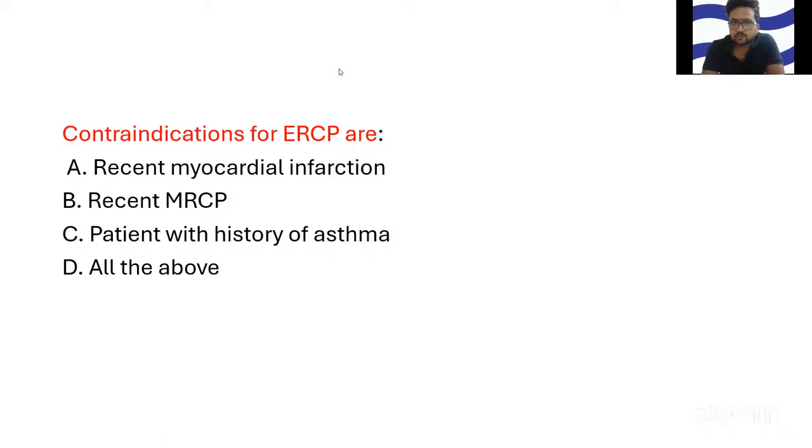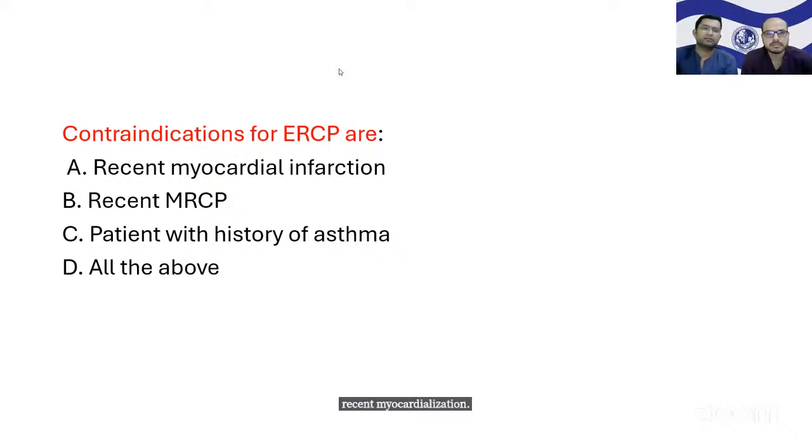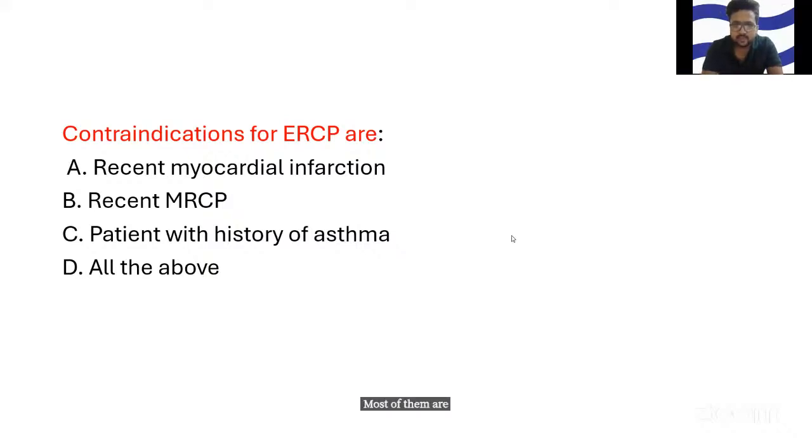Most of them are going with option D, all of the above. Recent MRCP is not a contraindication for ERCP. A patient with history of asthma is not a contraindication for ERCP. Yes, correct. So the answer is recent myocardial infarction, because of positional discomfort and the procedural discomfort.